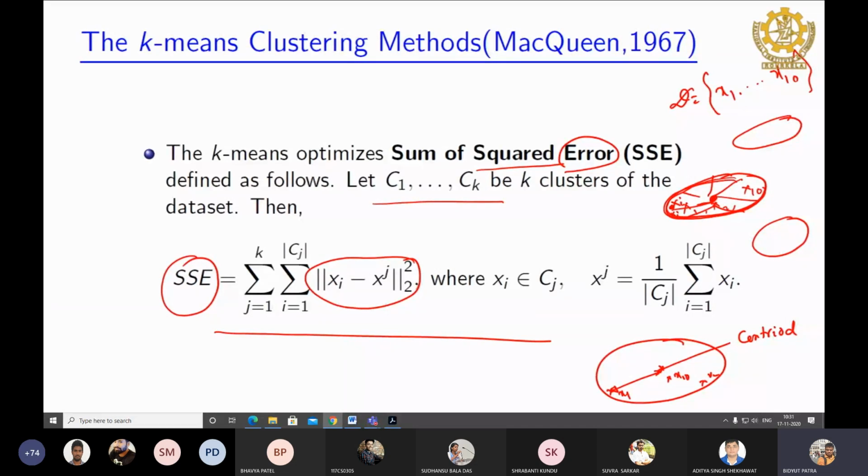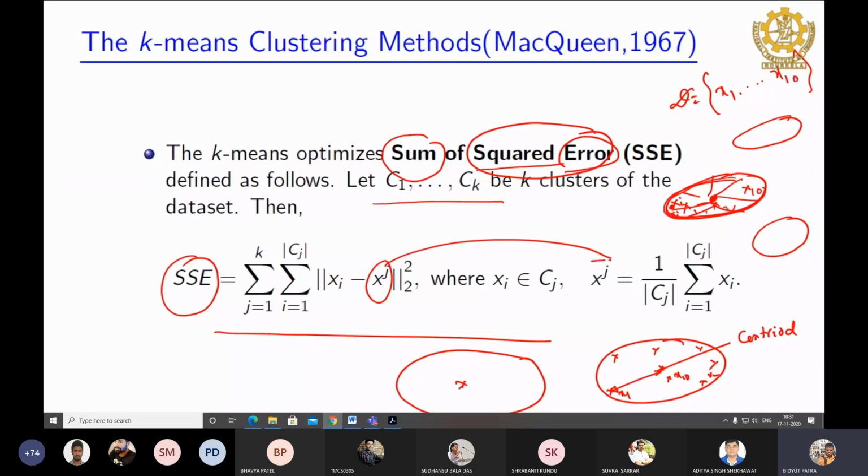If you take the square, that is called the square error. You do this for all points within a cluster. Then you move to the second cluster and do the same. That is called the sum of all square errors. So this is the square error for a single point. What is xj? xj is nothing but the centroid, so you take the average of all the points.